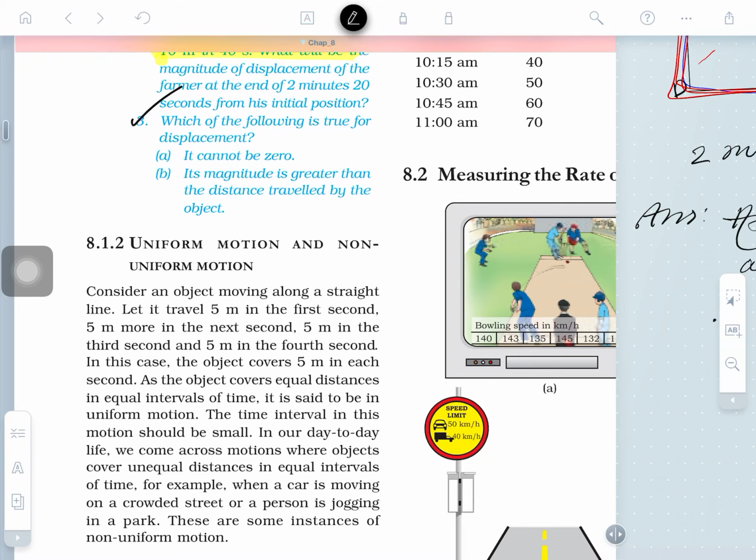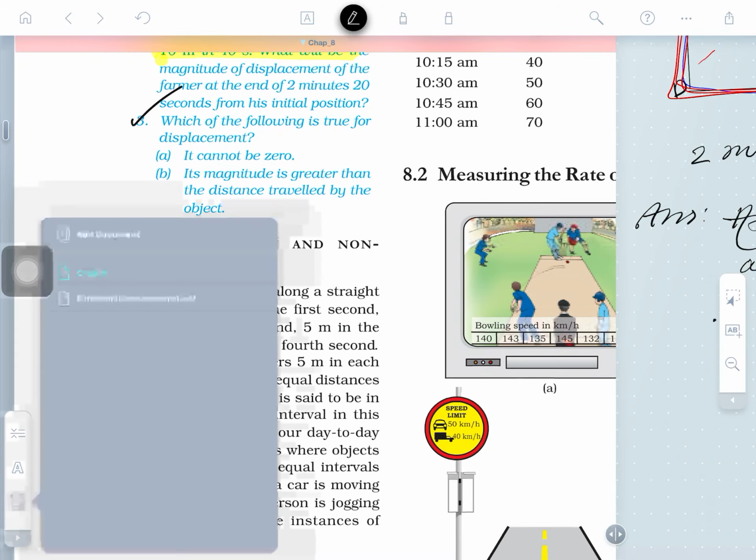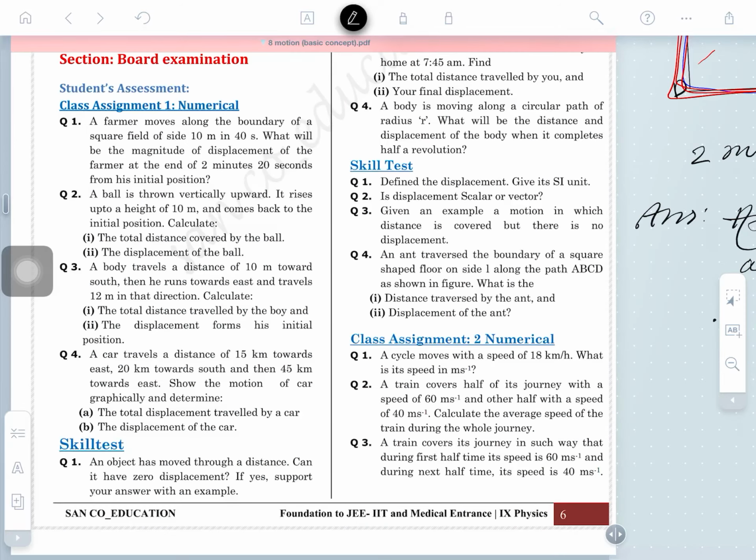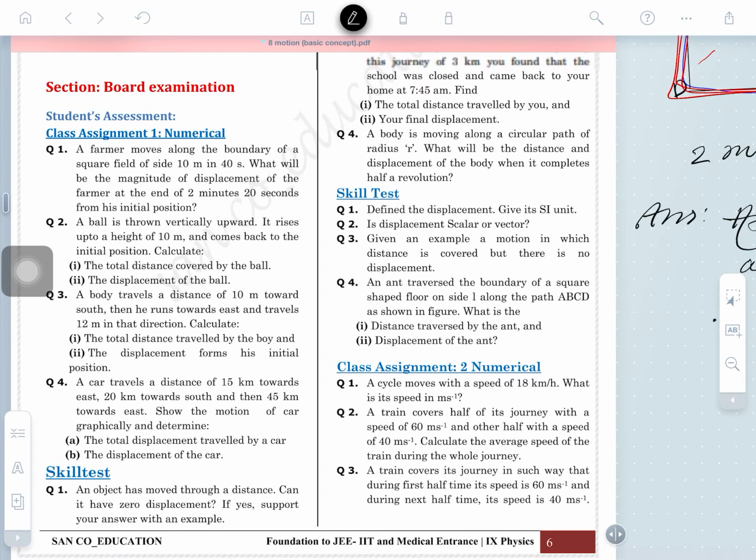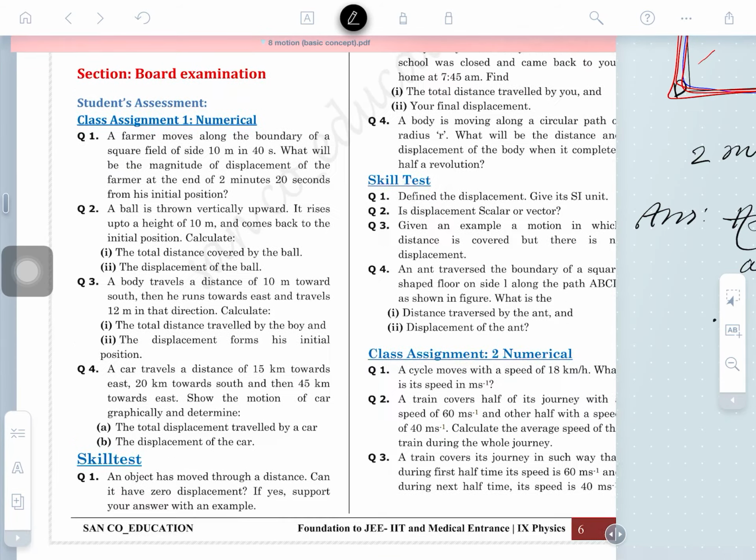Before discussing uniform and non-uniform motion, we will proceed with some numericals, then we will start the next topic. Okay. This is our study material right now.